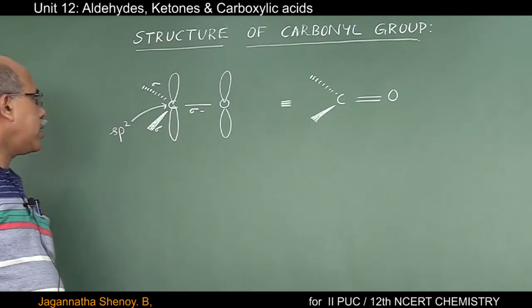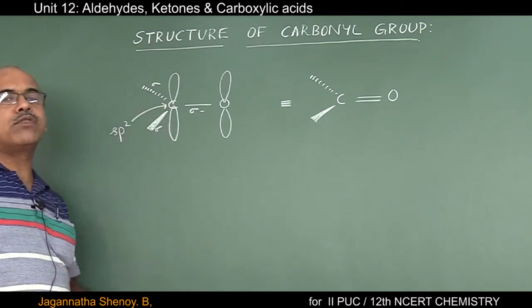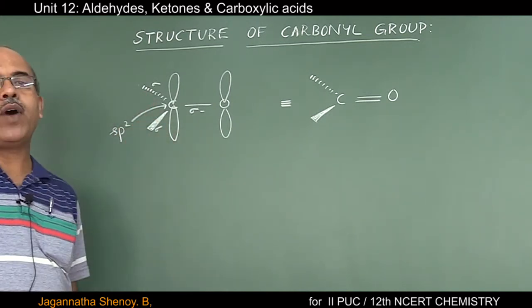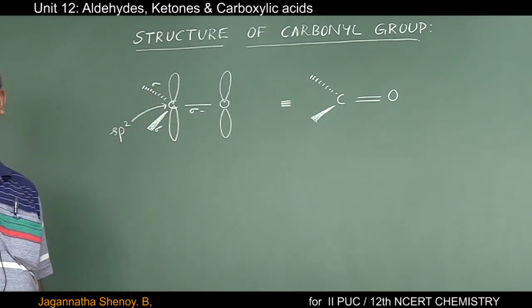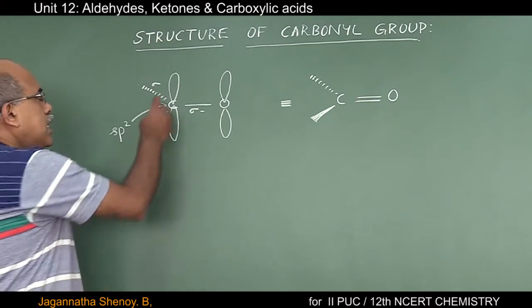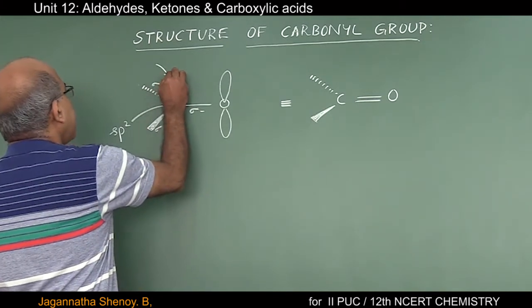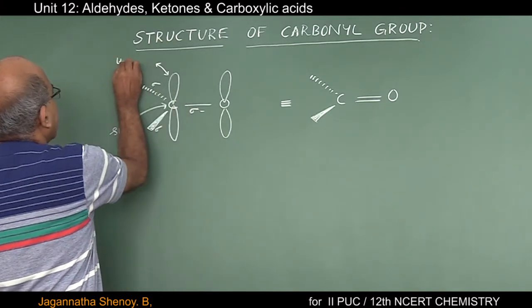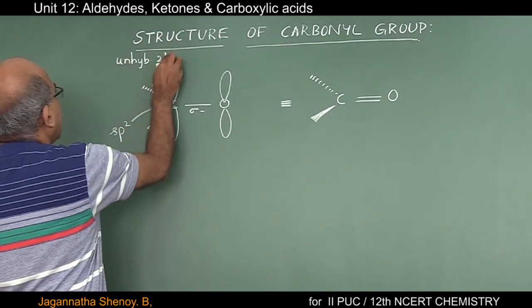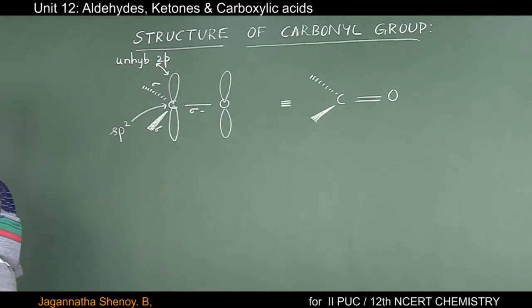And we know that whenever a carbon atom undergoes sp2 hybridization, it will be left with one unhybridized 2p orbital containing an unpaired electron. So this is the unhybridized 2p orbital of carbon.